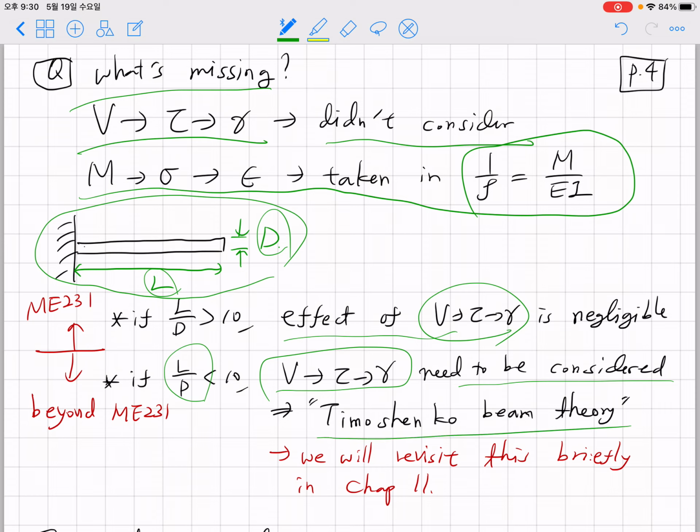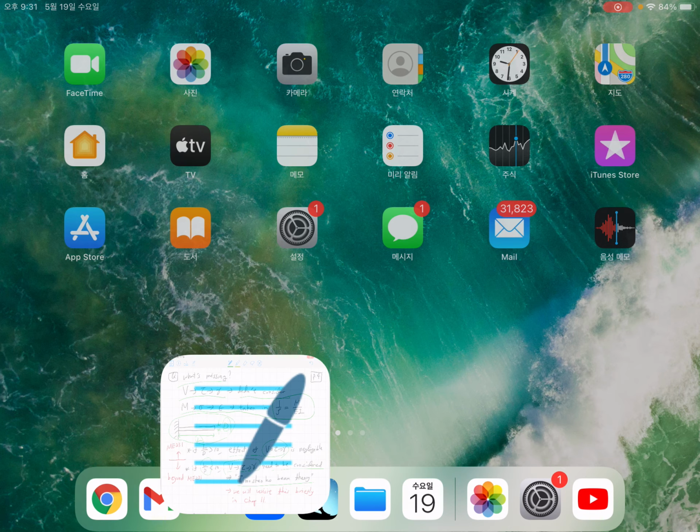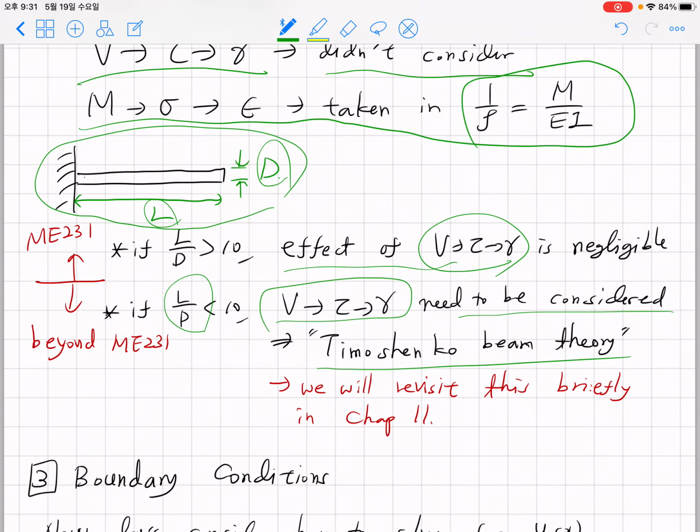Even though we're not going to consider the full derivation of Timoshenko beam theory, we'll revisit this problem briefly in chapter 11, where we consider the energy method, because based on the energy method, we can account for this effect for some special types of beam bending problems.